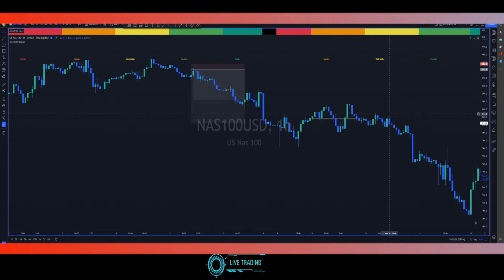Doesn't return to the 50%, that's okay. So I'll go down on the lower time frames to look for an entry. I give them this down move.